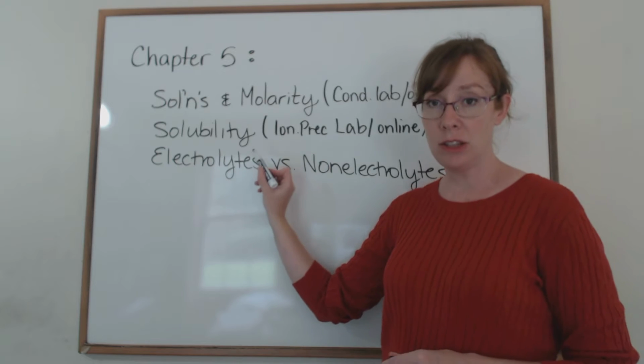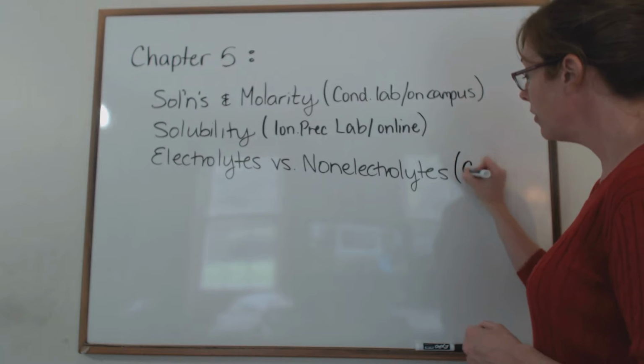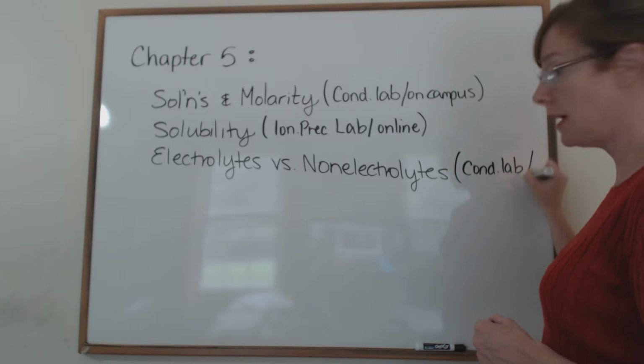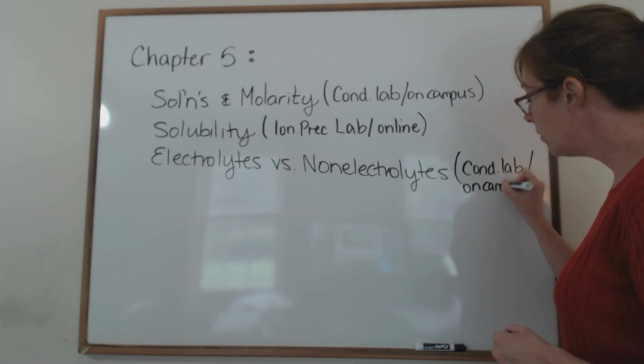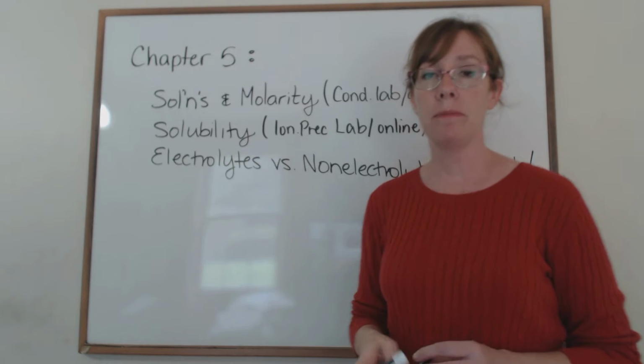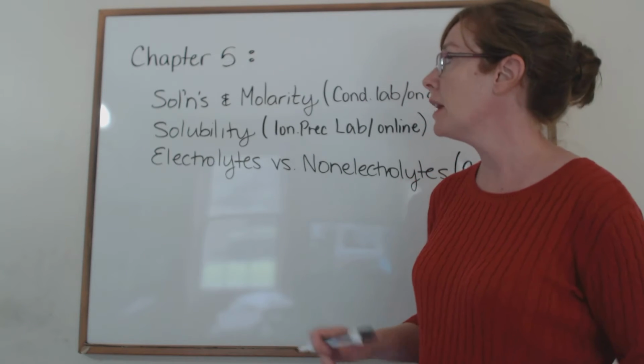Another topic this chapter deals with is electrolytes versus non-electrolytes. This is covered in the conductivity lab, which is on campus. So I'm not going to reteach these concepts. Instead, I'm going to focus on the new material that I haven't taught in other ways.